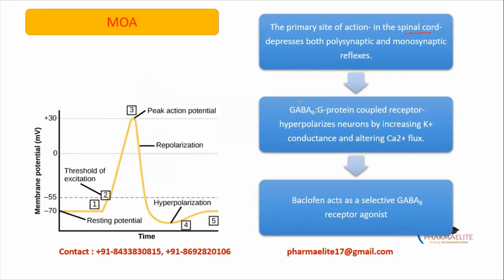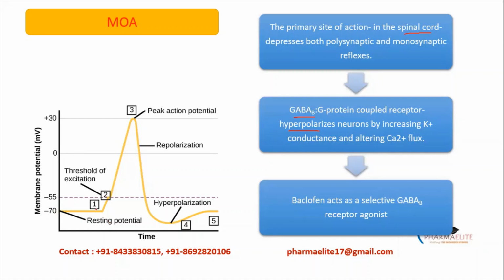So baclofen is acting via the GABA B receptor, which is a G protein coupled receptor. It will hyperpolarize neurons by increasing potassium conductance and altering calcium flux. To understand the statement, we will look at the action potential of the neurons. This is the resting potential, meaning the electrical potential of the neuron at rest, which is approximately minus 70 millivolts.